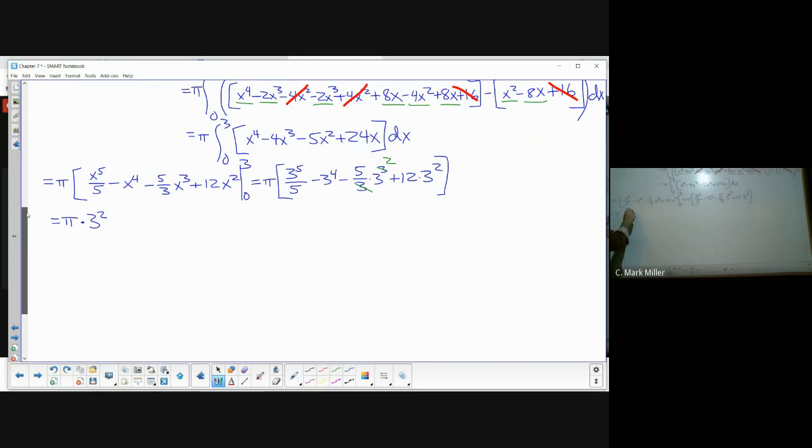All right, so we're going to do pi times a 3 squared up front. So when I do a 3 squared up front, I am left, off of this first term, with 3 cubed divided by 5. Minus 3 squared, minus 5/3, plus 12.